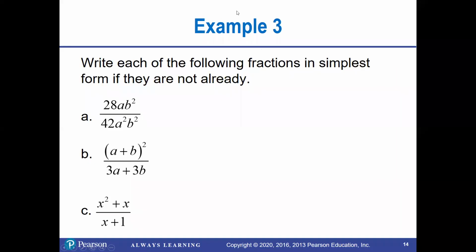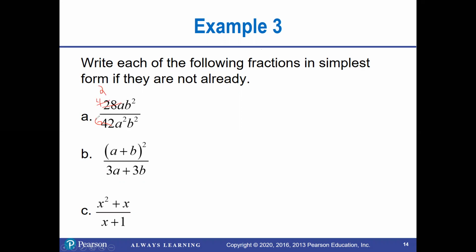Let me get my drawing thing again here. Let's go red. How can I reduce this? Well, let's take the coefficients first. 28 and 42 both have a 7 in common. So this would be a 4, and this would be a 6. And then I can still take another 2 out.